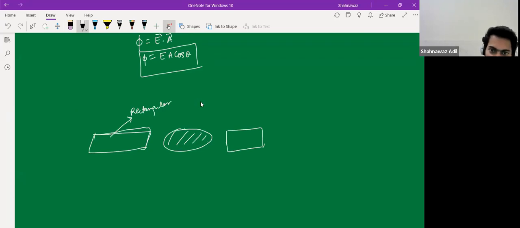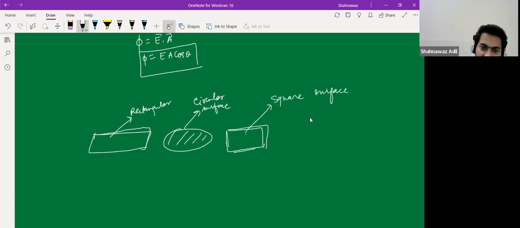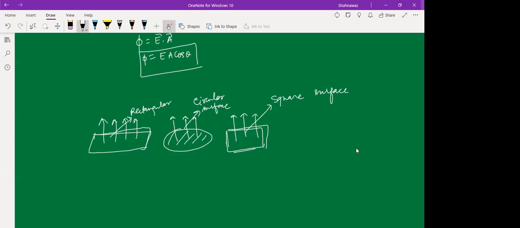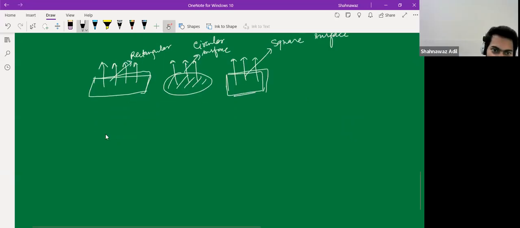So this is a circular surface, and this is a square surface. So for these kind of surfaces, what would be the area vector? This would be normal to this, right? Again, normal to this surface. So this is the direction of the area vector, right, guys? Yes, sir.